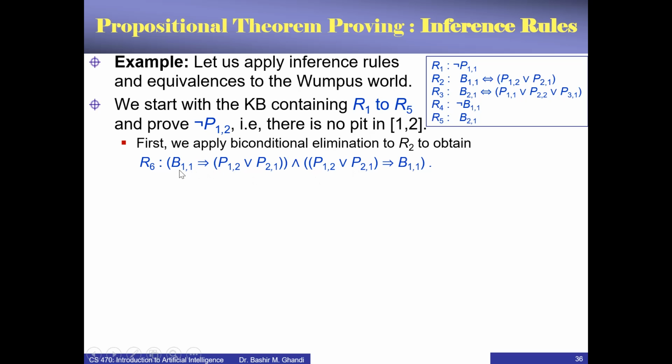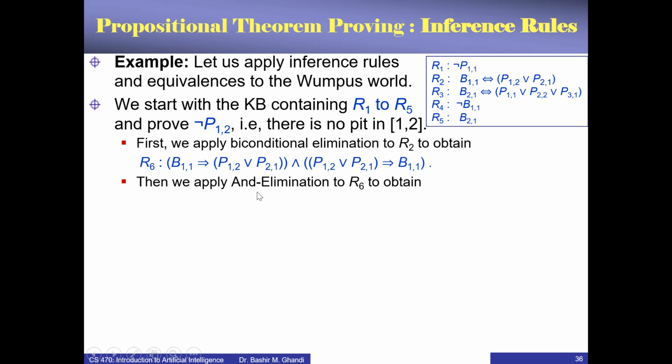Basically it becomes B11 implies P12 or P21, and the reverse, P12 or P21 implies B11. This we obtain by simply using the bidirectional elimination.